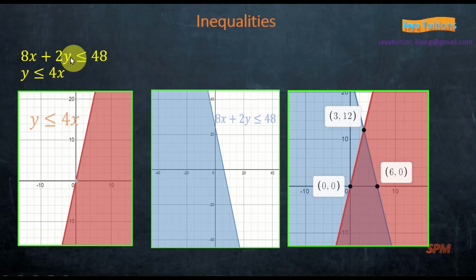So the region satisfying both inequalities will be this triangle. We will now see the answer for the maximum number of apples that can be purchased. The maximum number of apples is y, that is 12, when she can purchase 3 watermelons.